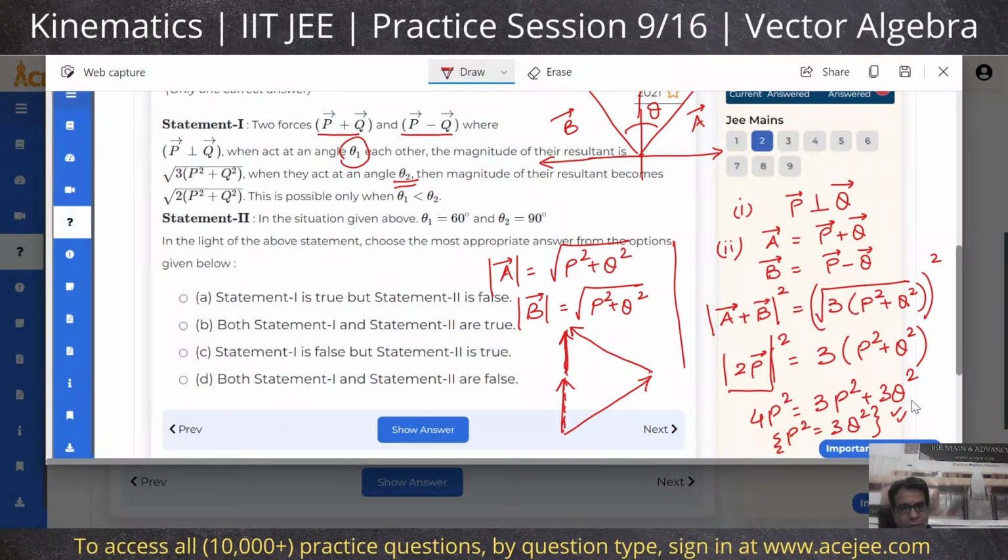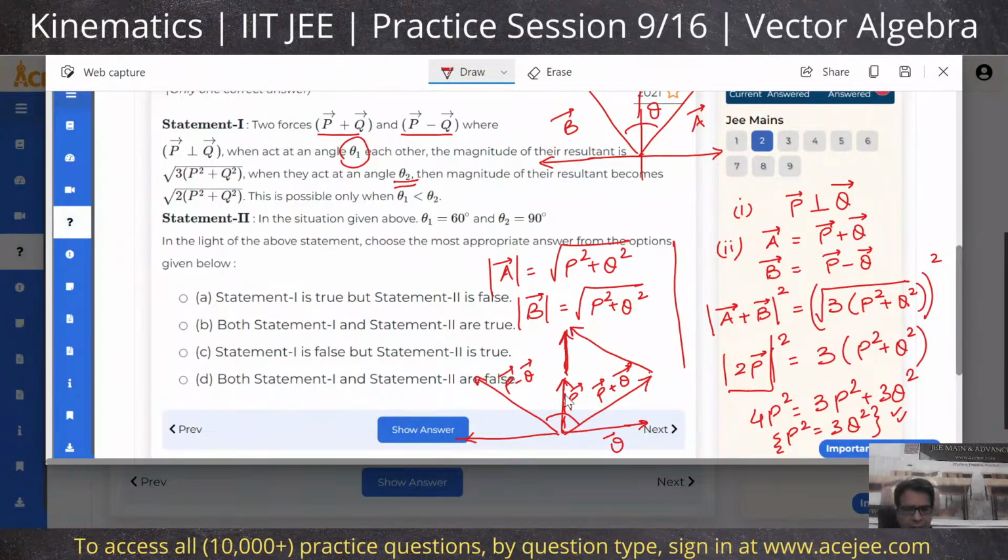After all, the angle theta depends on this: this was my P vector, this was my Q vector, this is P plus Q vector, and this is P minus Q vector. Now this angle will depend on the relative magnitudes of P and Q.